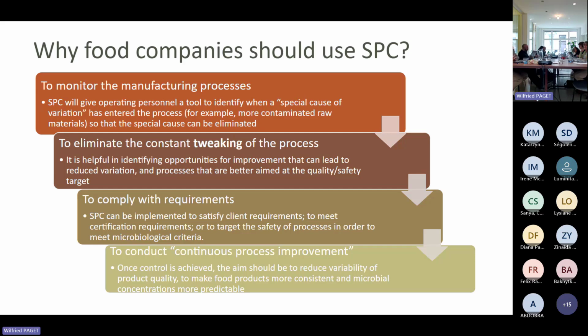We check and we can improve our process. If the control is achieved, the aim should be to reduce variability as much as we can to make the food products more consistent and microbial concentrations more predictable. This is very important also.